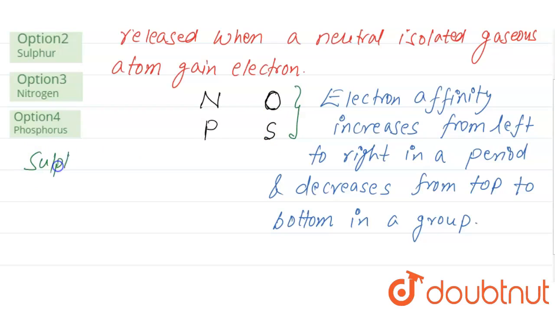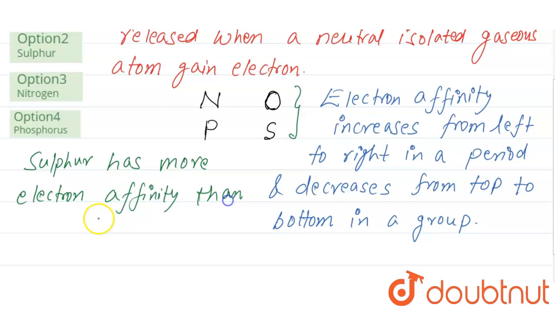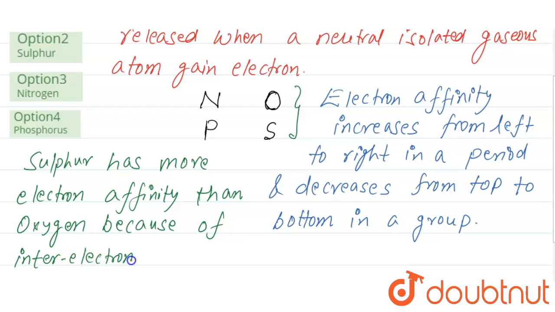Sulfur has more electron affinity than oxygen, because of inter-electronic repulsion, which is very much higher in oxygen because of its size.